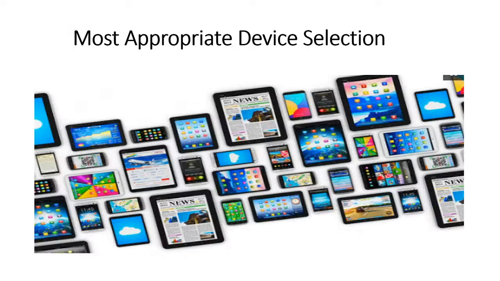Now, my fourth point is how do we select the most appropriate devices? It is one of the toughest dilemmas in today's market to identify the right device and OS mix on which your team should develop and test their mobile app.